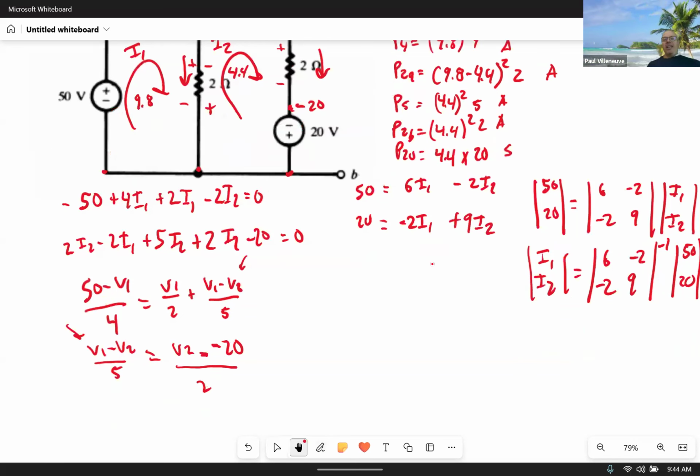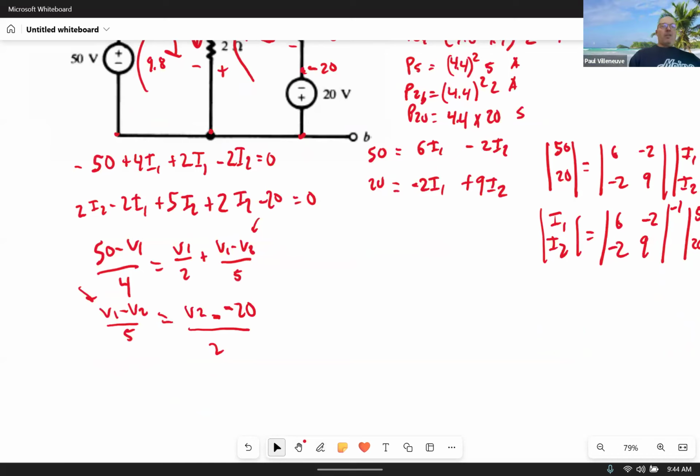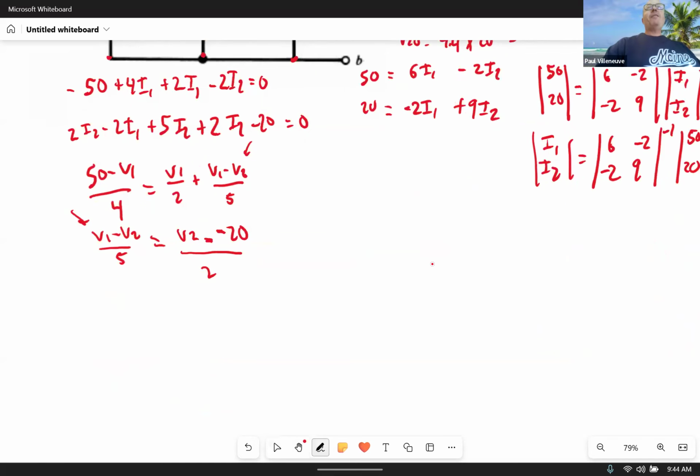So now I can go ahead and clean all these up. So I've got 50 over 4, which is 12.5, I believe, is going to be equal to V1 times (1/4 + 1/2 + 1/5) minus V2 over 5.